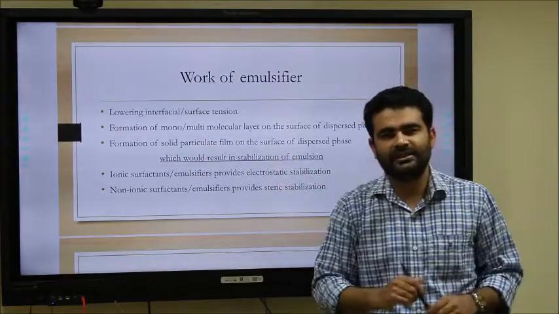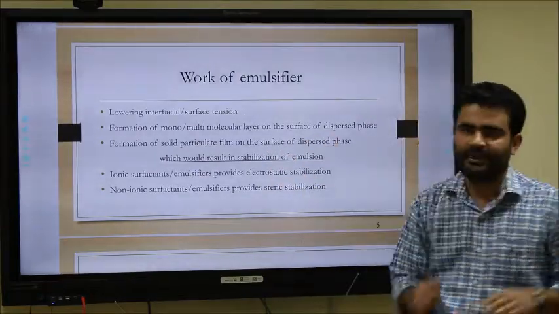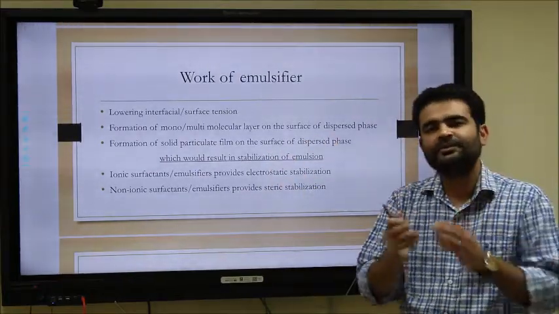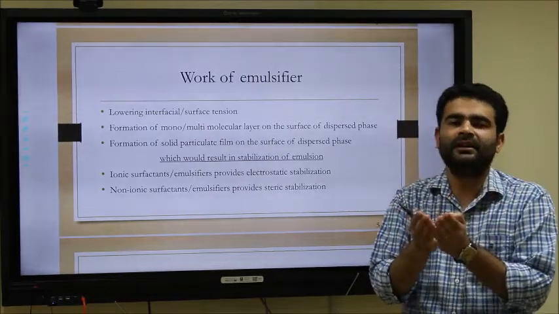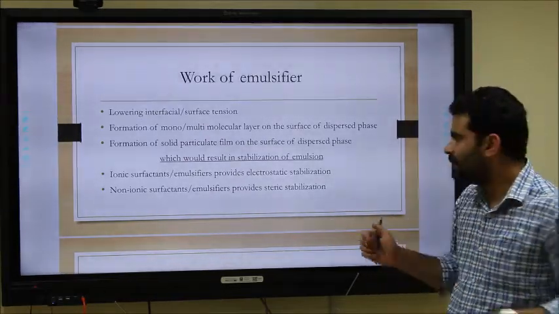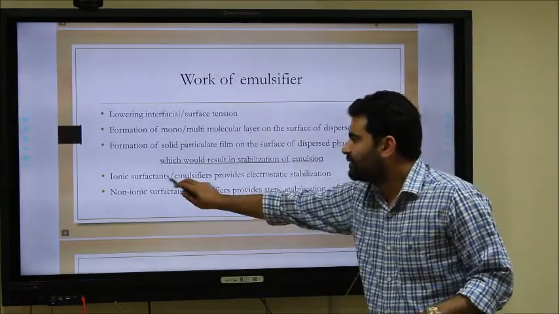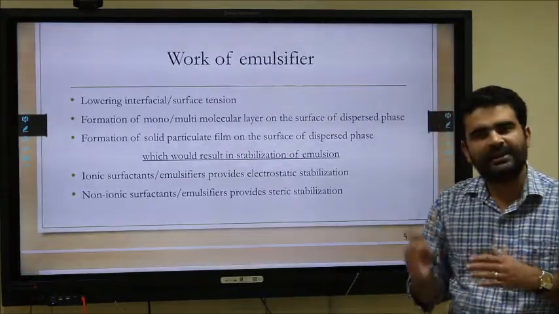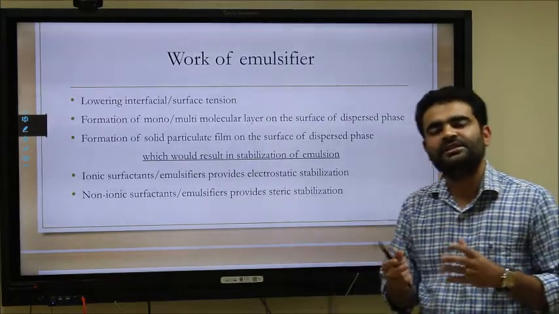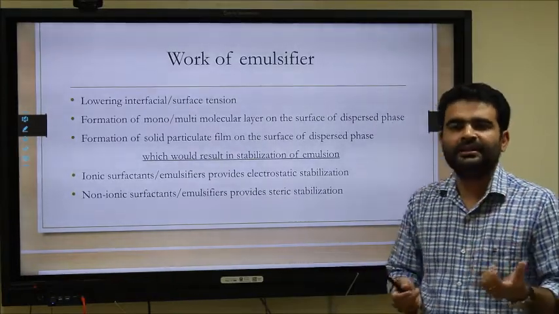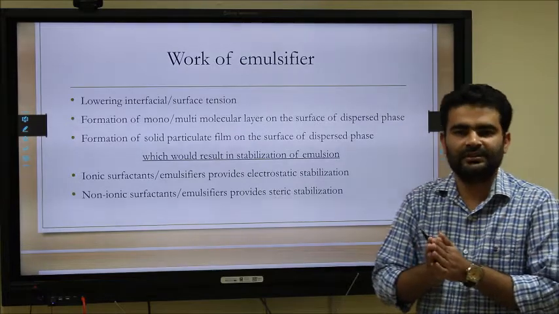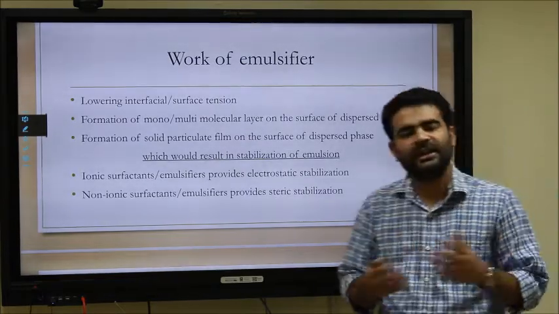So these are the two mechanisms. First, forming a multimolecular layer. Second, deposition of solid particulates around the interface. Okay, there are some examples. There are ionic surfactants. Ionic surfactants are those surfactants which consist of ions, which means polar surfactants having different ions, positively and negatively charged.